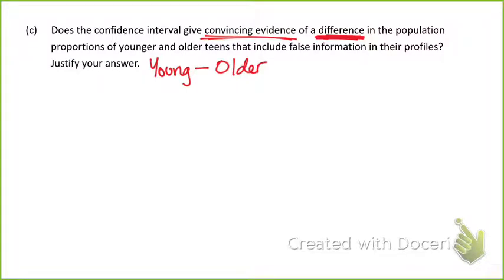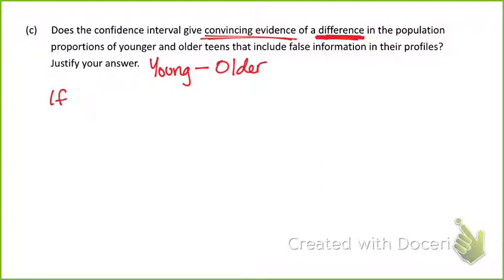Now, if the younger teens lie at the same rate as the older teens, then what would I get when I subtract their proportion of lying? I would get a 0, right? If they were lying the same amount, I should get a 0.